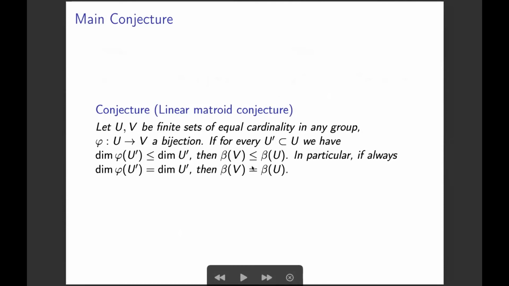And this is, I think, our key conjecture here: that beta actually depends only on the dimensions of all the possible slices of your set. So in particular, you can freely move your points, and as long as the affine dimension of any subset remains fixed, the beta cannot really change.